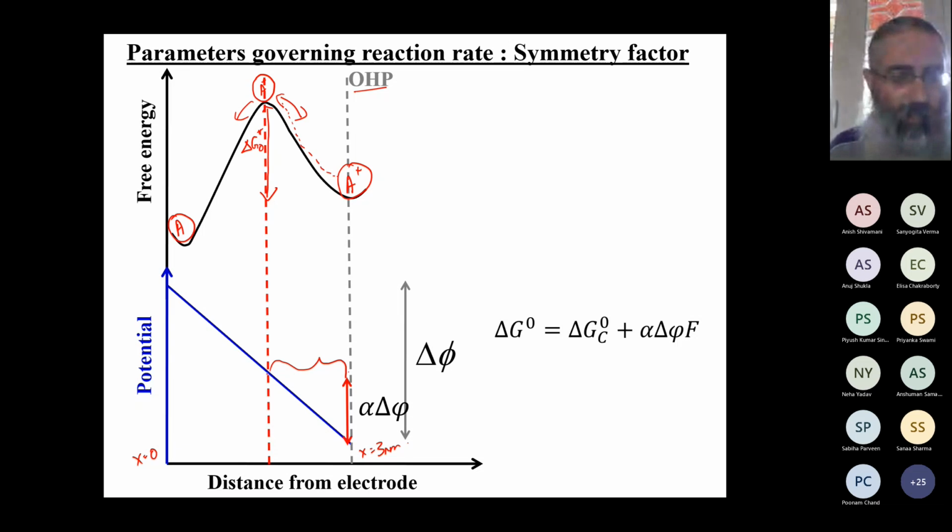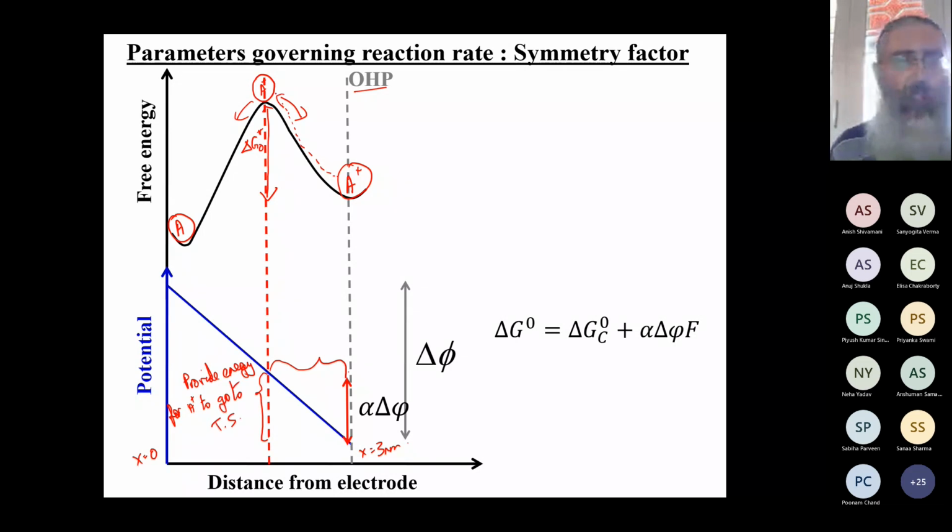If I plot it the vertical way, this part of the potential profile is what is going to provide energy for A plus to go to the transition state.